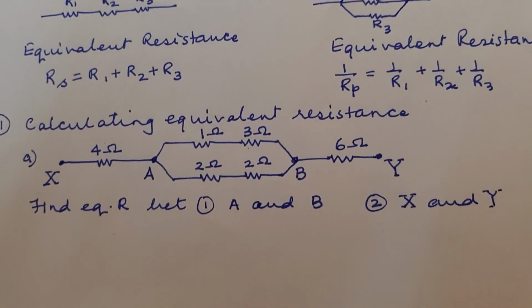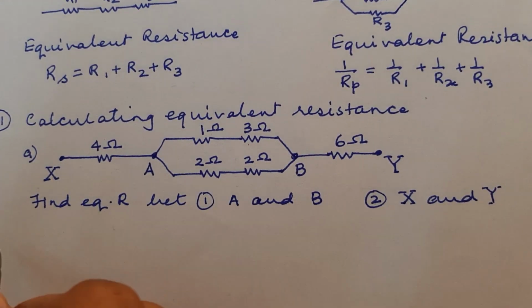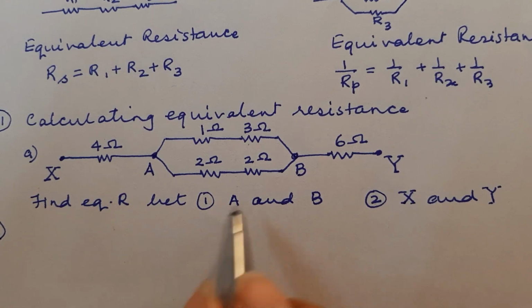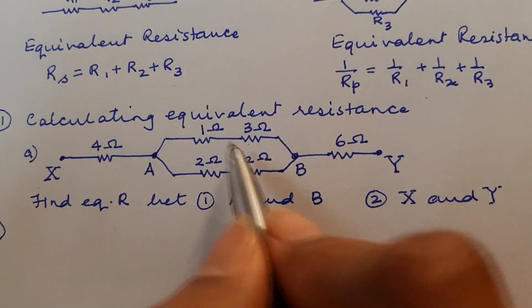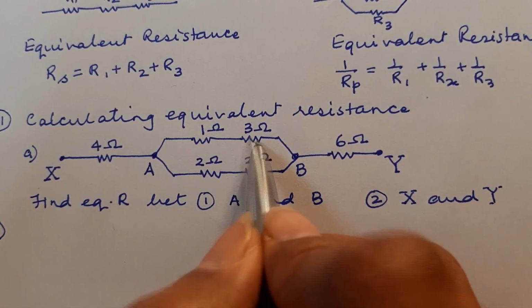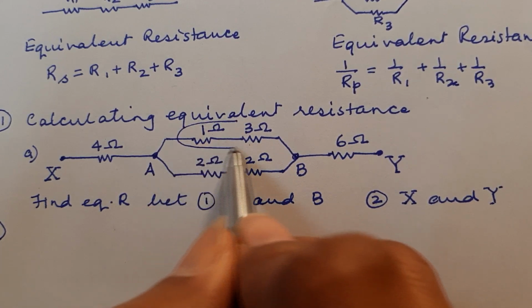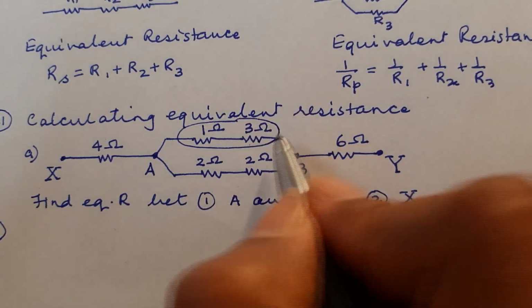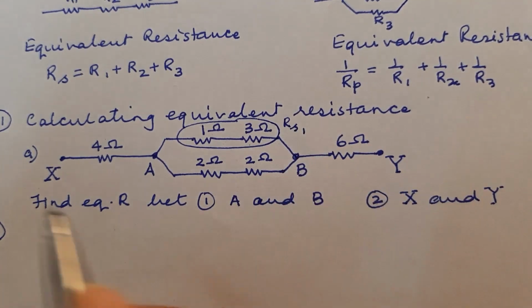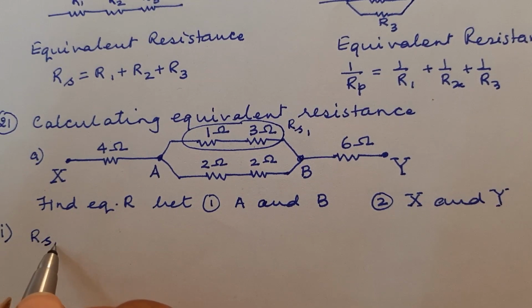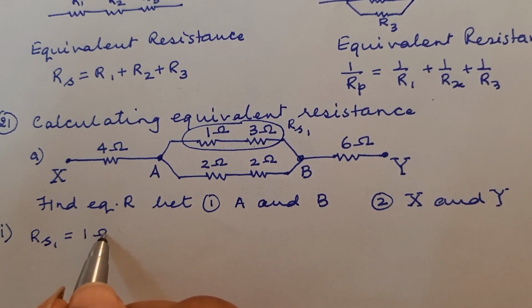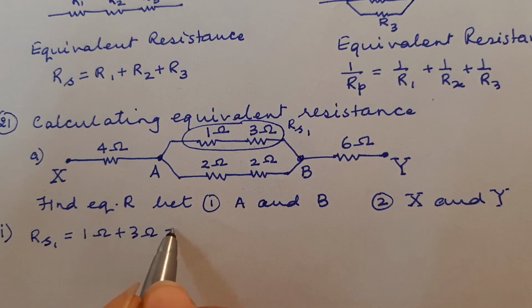then the first part where we talk about between A and B, look at the diagram 1 and 3. These 2 resistors are in series, so I'll call that as RS1. So I will say RS1 is equal to 1 ohm plus 3 ohm, which is equal to 4 ohm.